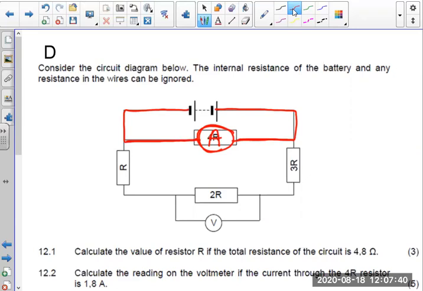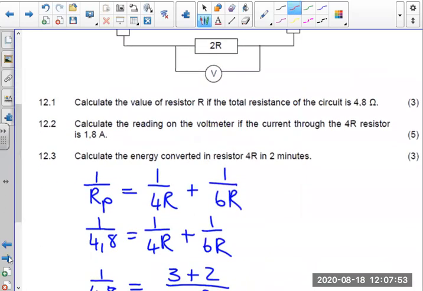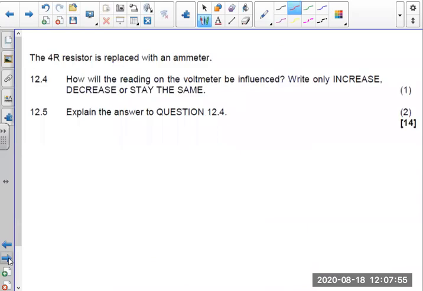So what's going to happen to the voltmeter? If all the current is going to go there, then we can say the voltmeter will decrease. So the answer that we're going to give here is decrease. And then they say, explain the answer. Now we can say the ammeter has a lower resistance. So I'm just going to draw it like that.